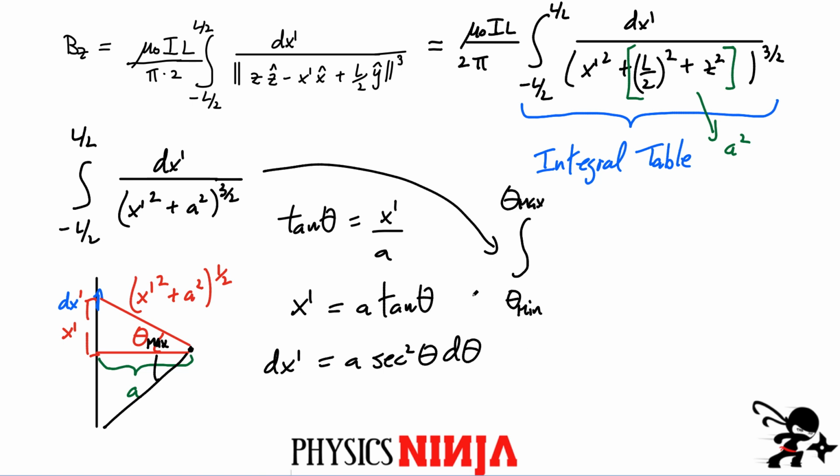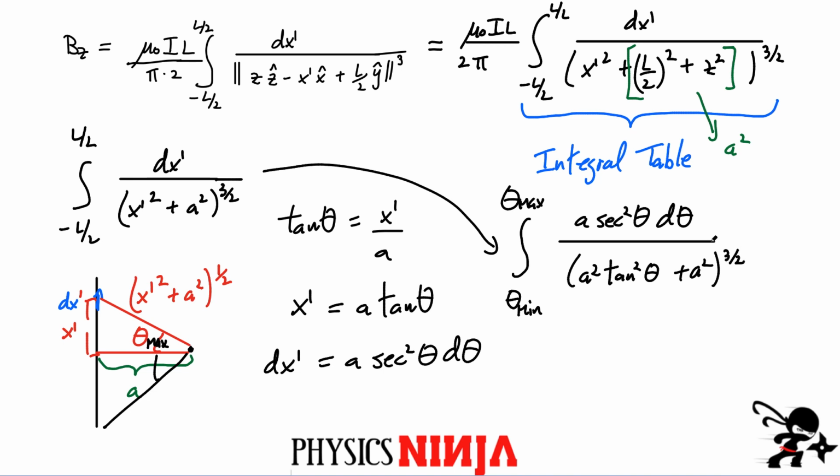So we're integrating over angles. dx now is a secant squared theta d theta. And down here at the bottom, x prime is a tangent of theta, so you have a squared tangent squared of theta plus a squared.